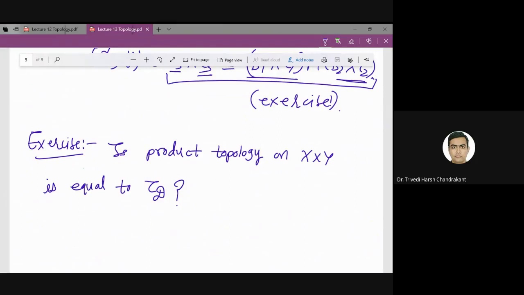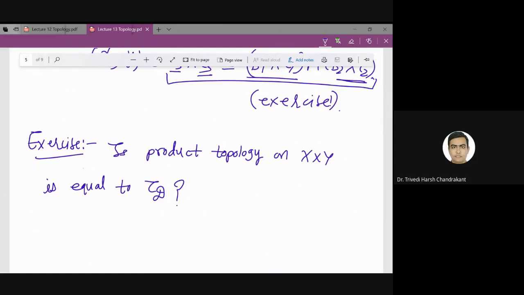Any idea how we will check this? We will show that these sets contain each other, then they will be equal. Yes, if we have two sets, we can check that.